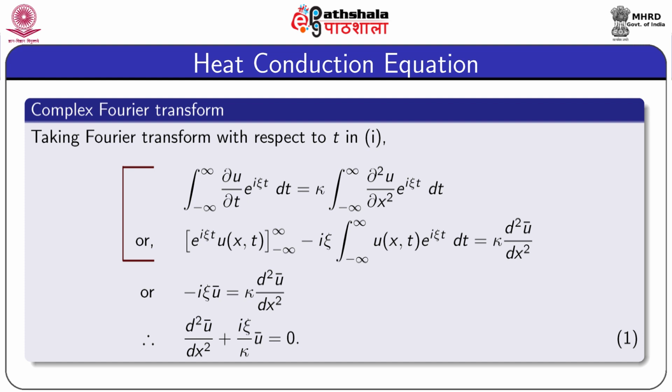and we have the condition that u tends to 0. If you look back at condition 3, u tends to 0 as x tends to infinity and |t| tends to infinity. If you apply that, we get the term in the square bracket is 0. So, this term is 0, and the second term is minus iξ into, this is nothing but the Fourier transform of u with respect to t.